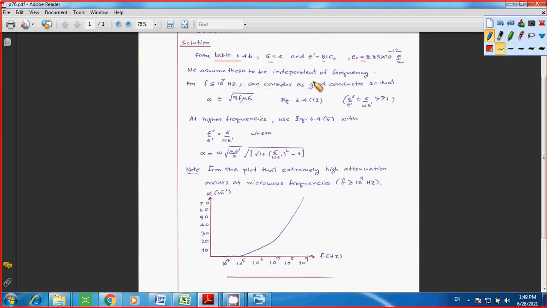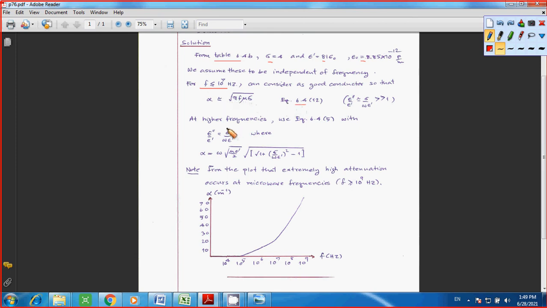We assume this to be independent of frequency. If your frequency is equal or less than 10 to the 7th hertz, you can consider this as a good conductor, so that you can use the approximate equation. Your alpha simply is about square root of pi f mu sigma.